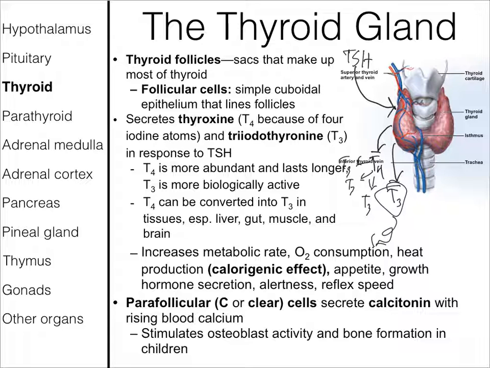So your body temperature is controlled by thyroid hormone. Appetite, right? You're going to need something to fuel that metabolism if you're going to be having a high metabolism. So thyroid hormone stimulates appetite. Growth hormone secretion. There's actually a lot of different types of growth hormones, and thyroid hormone can affect several of them.